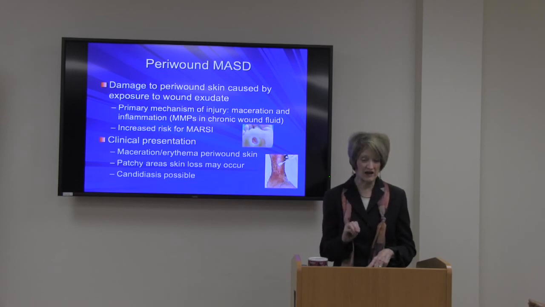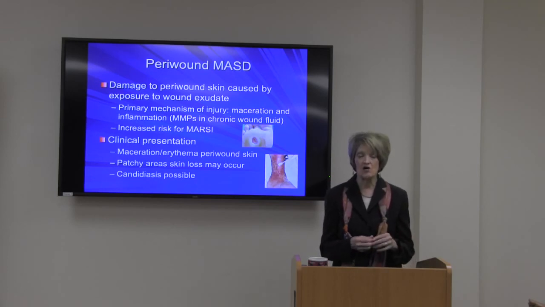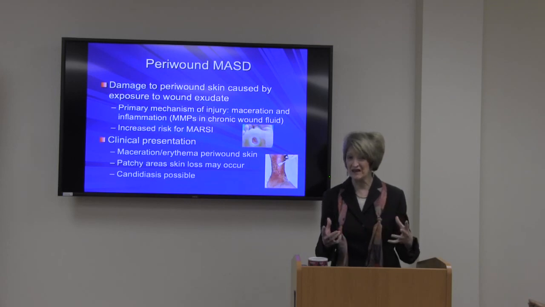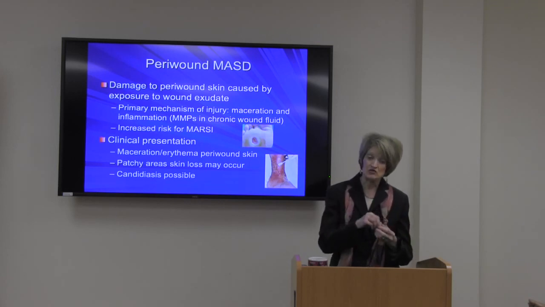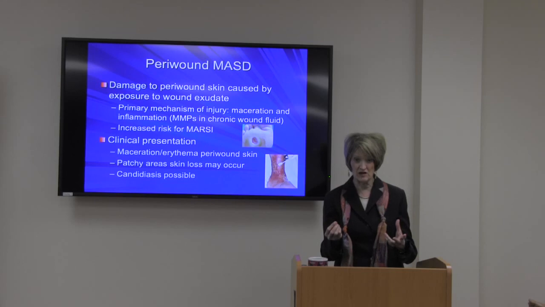If you have a chronic wound, you're very likely to get inflammation because chronic wound fluid has very high concentrations of inflammatory mediators. So you end up with skin that's wet, possibly inflamed, much more vulnerable to any kind of mechanical trauma like adhesive removal.